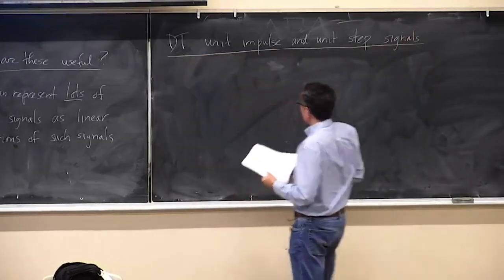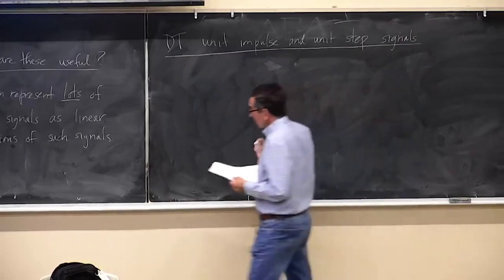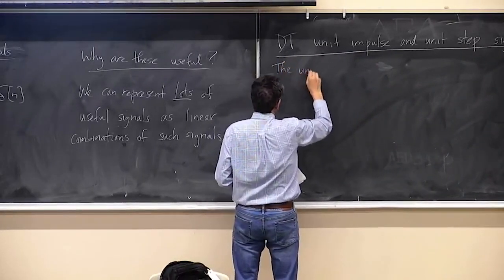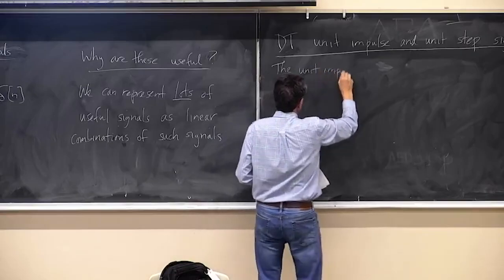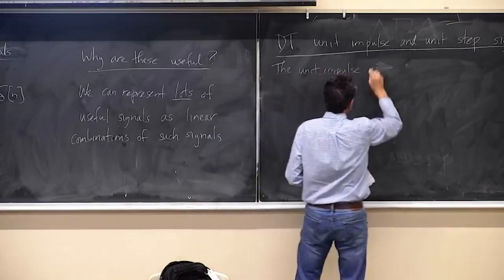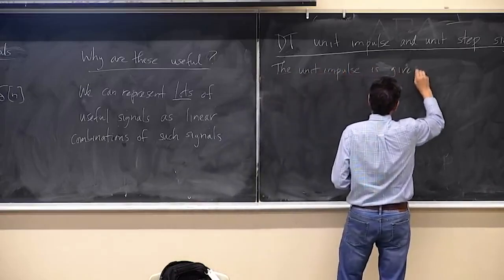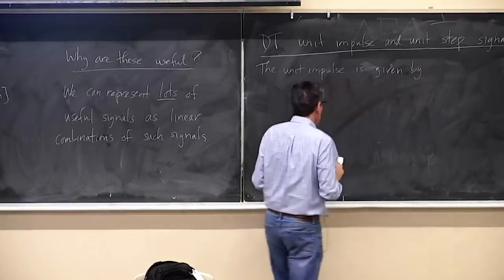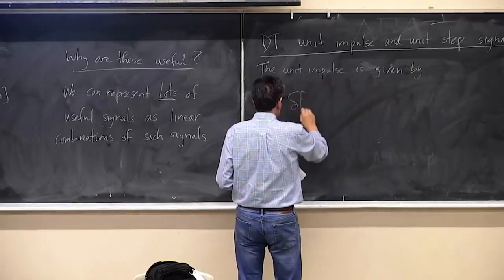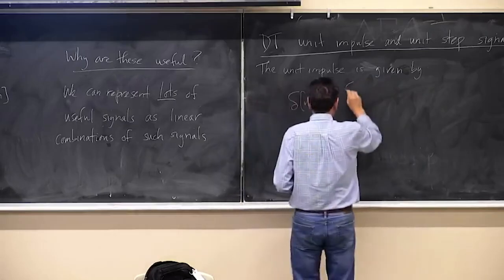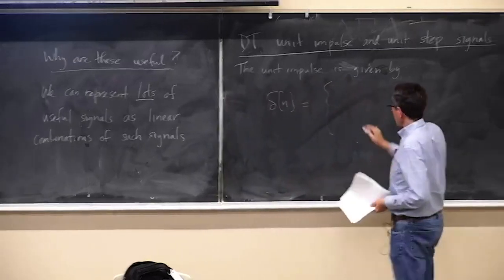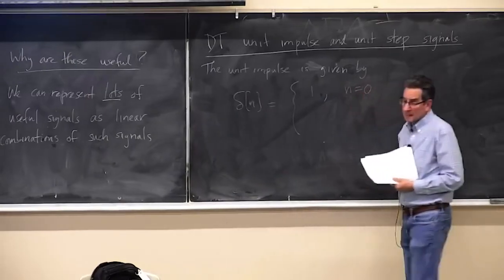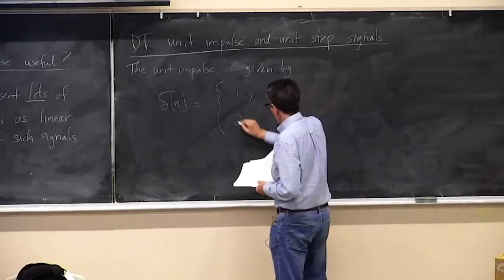The unit impulse is defined as follows. Delta of n is equal to 1 at time n equals 0 and 0 everywhere else.